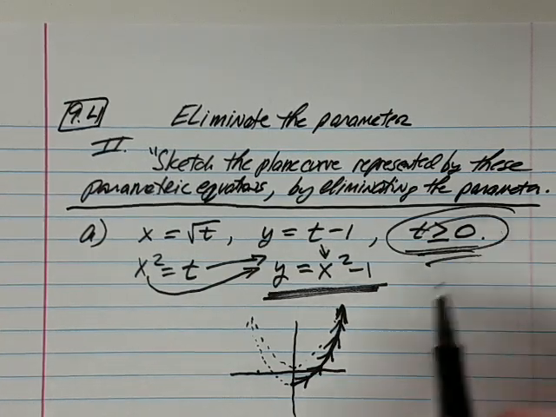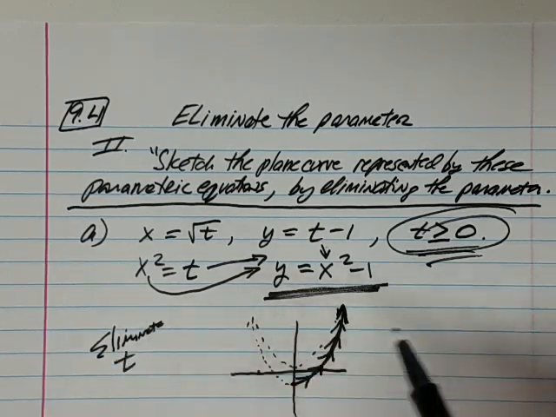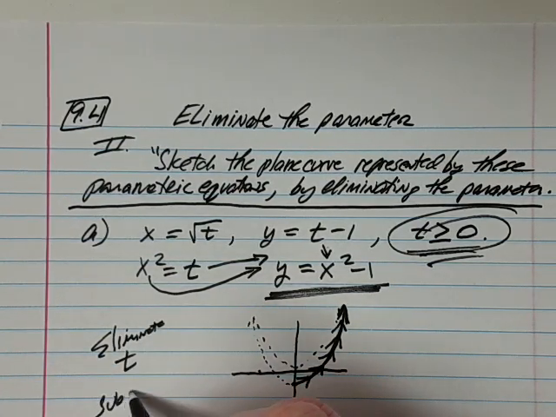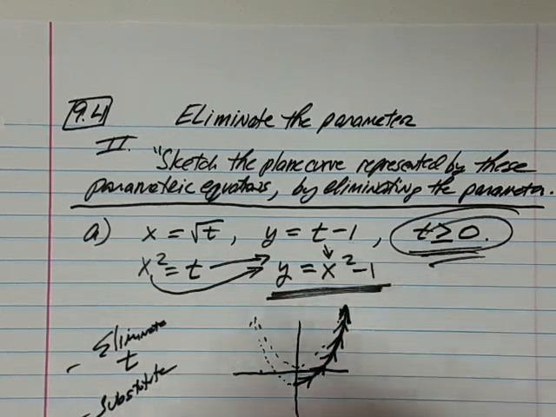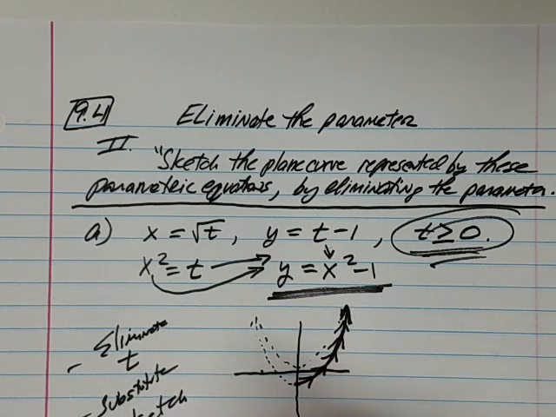So the things that you have to do here is to eliminate t, substitute here, sketch it, and include the directional angles.